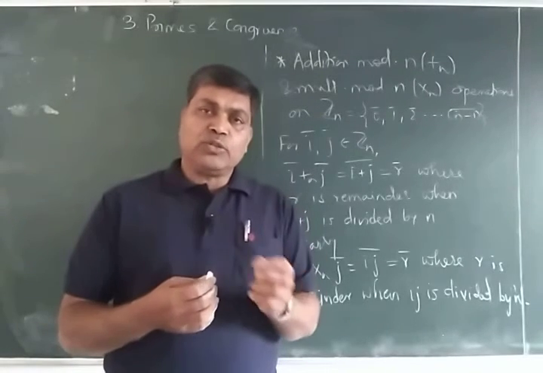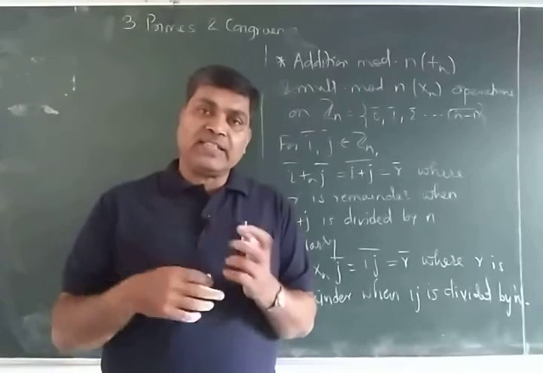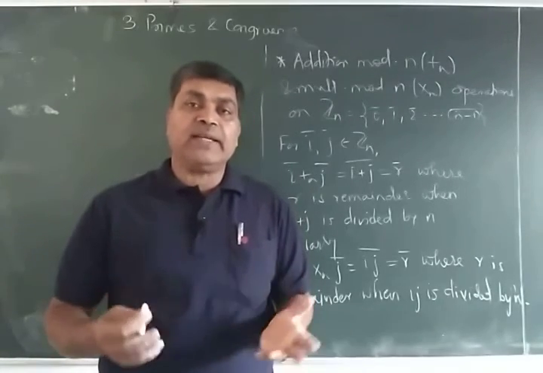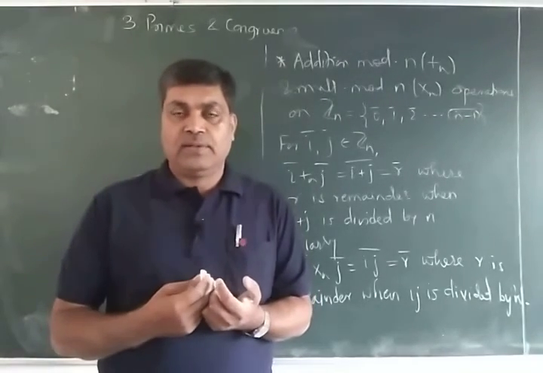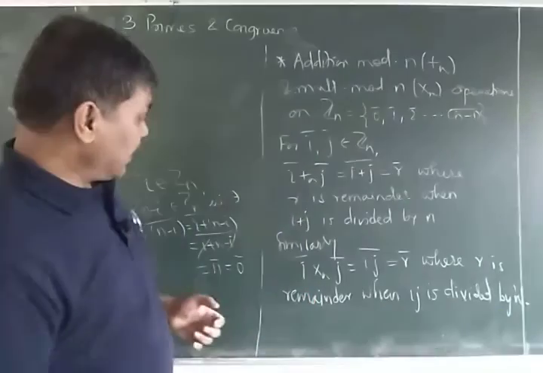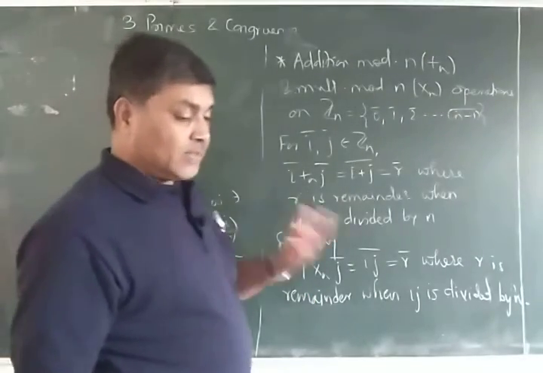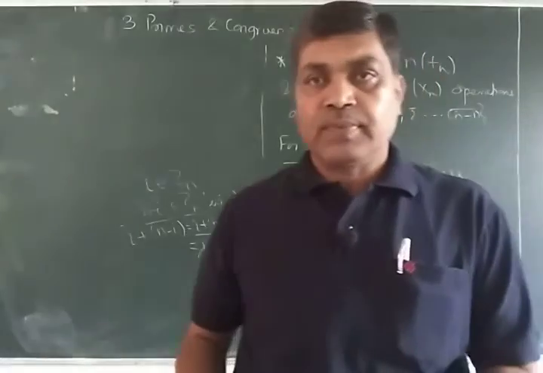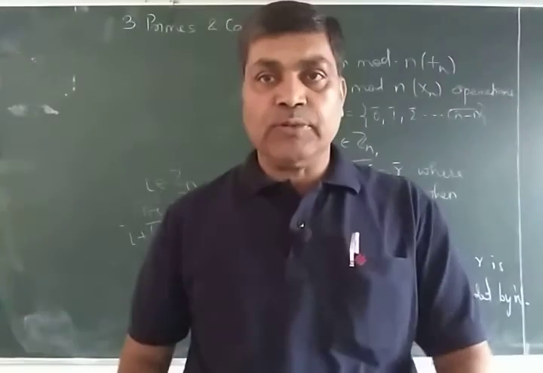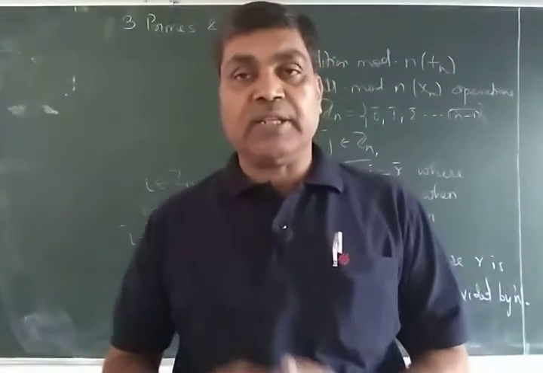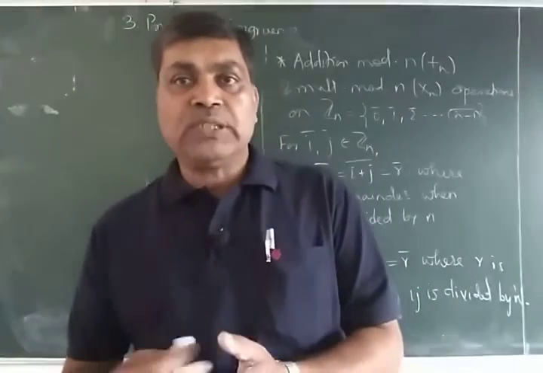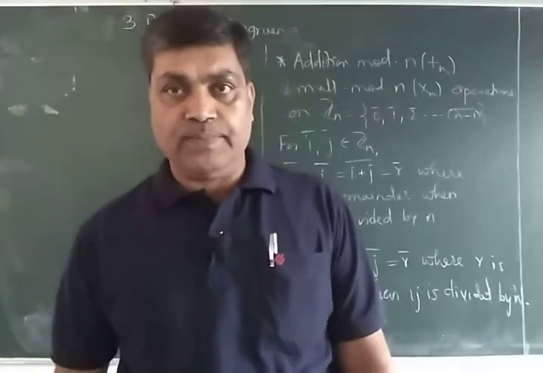For any non-zero real number a, 1 by a is the multiplicative inverse because a into 1 by a gives us 1. On the same line, I can talk about for which element multiplicative inverse exists, for which element it doesn't exist, for which element additive inverses exist, and so on.